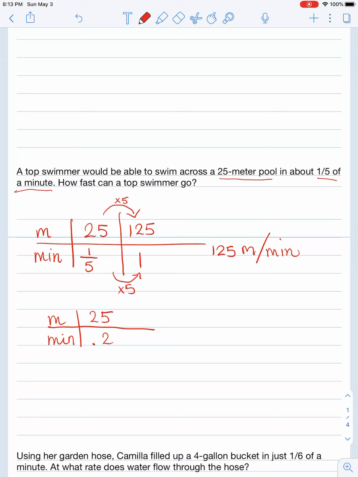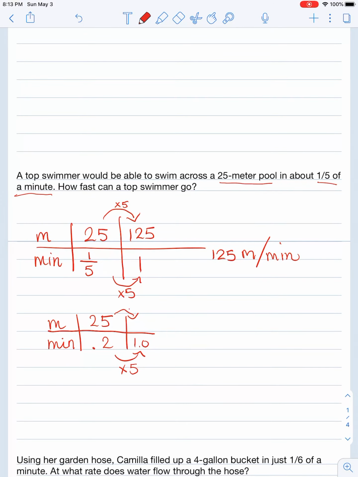And then you're going to proceed the same way. Times 5 is going to give you 1.0. And times 5 is going to give you 125. All right, so that brings us right back to a speed of 125 meters per minute. And you'll notice here we have to multiply to get the rate per minute instead of dividing, which is what we would do if we were dealing with whole numbers.